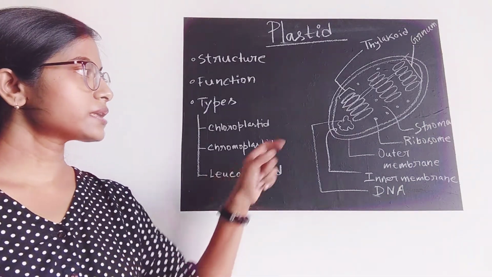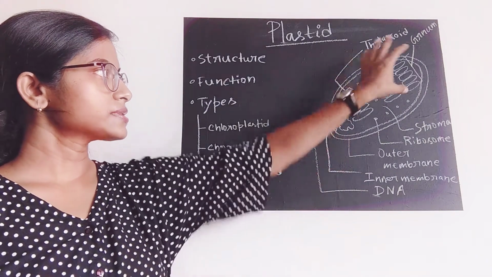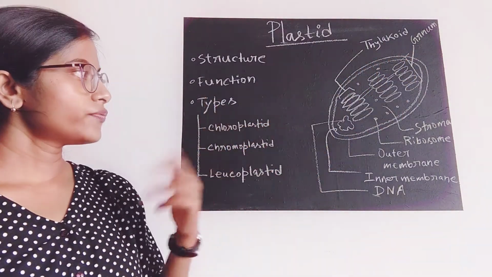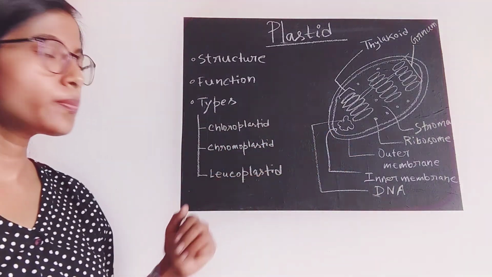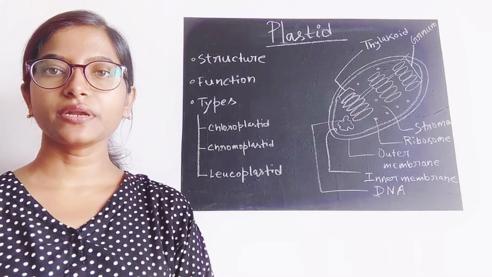So in this structure they have a membrane, and inside the membrane there is a substance. First of all we are going to see what those membranes are. Plastid is an organelle which is double membrane bound.